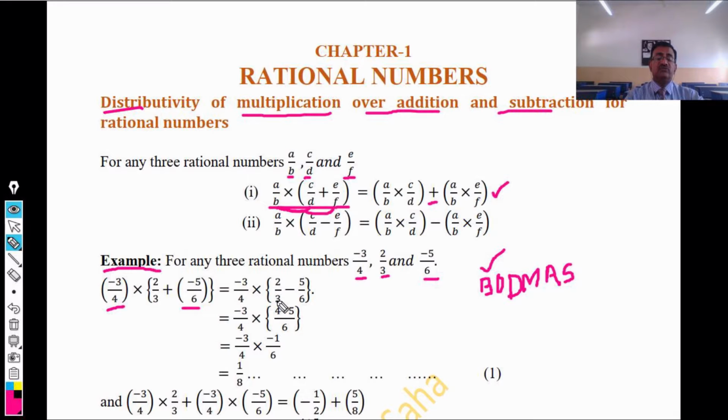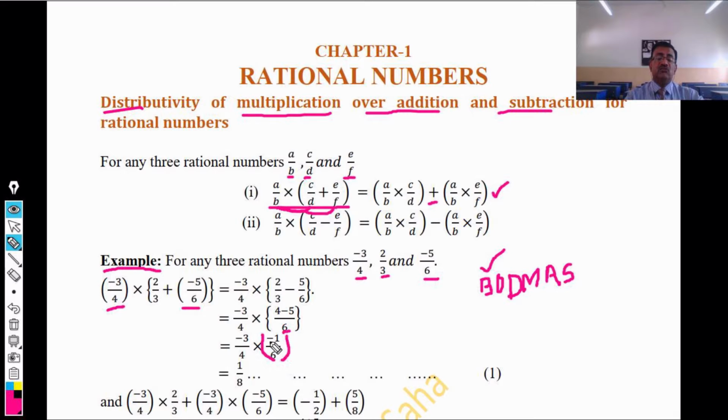LCM of 3 and 6 is 6, and 3 divides 6 by 3, you will get 2, multiply 2 by 2, that is 4, minus 5, that is minus 1 by 6. Then you have to write minus 3 by 4 as it is into minus 1 by 6.